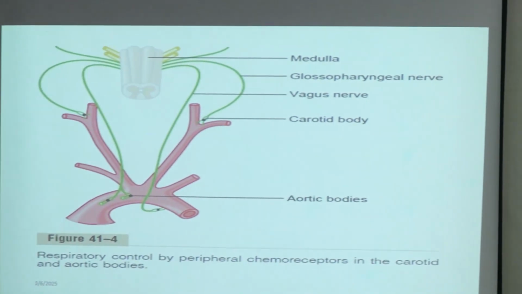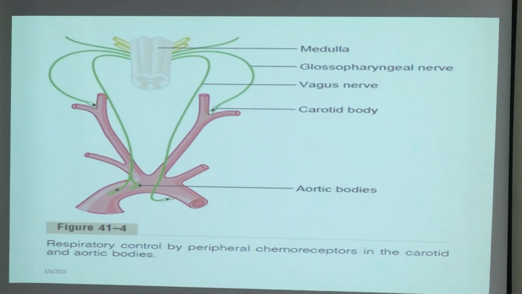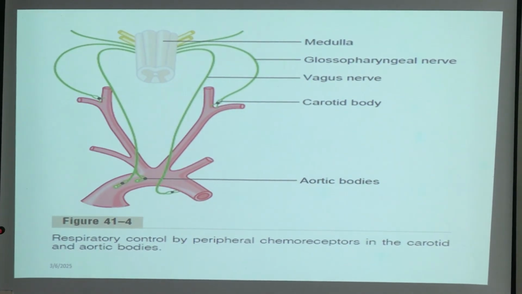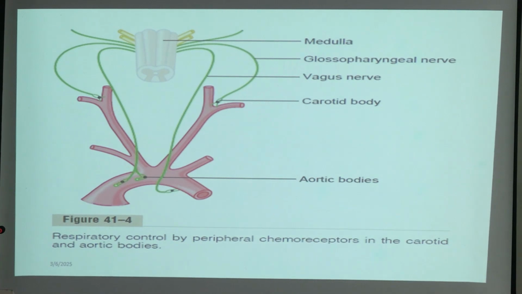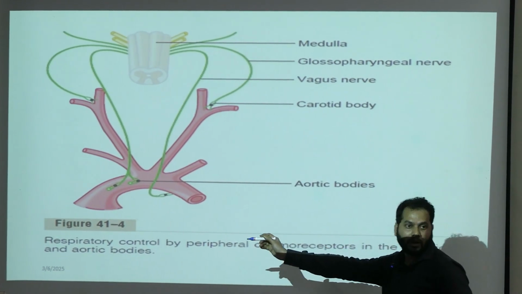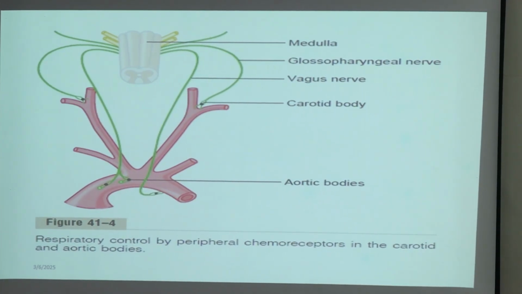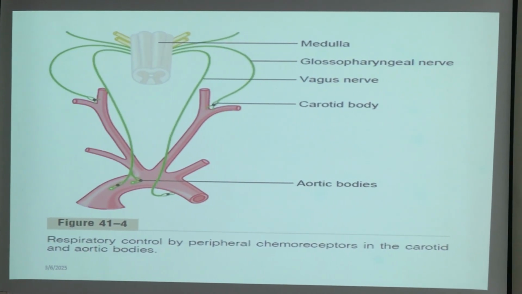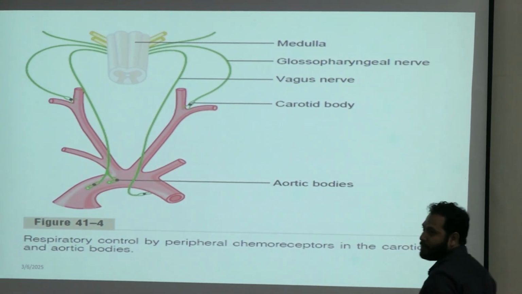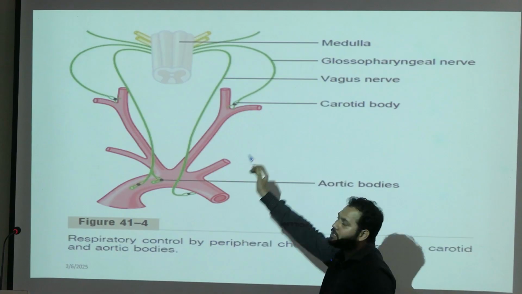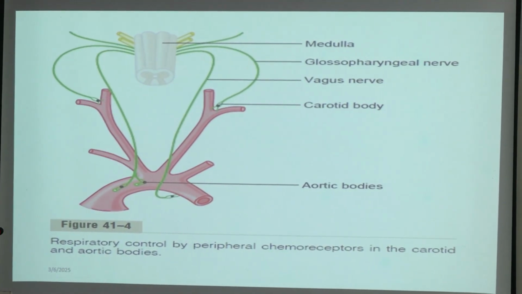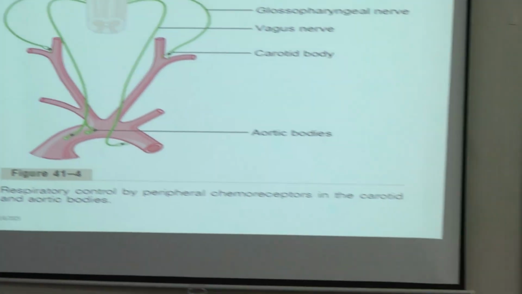See here in this figure, the most important types of peripheral chemoreceptors are aortic bodies, which are present in the aortic arch or arch of aorta. And another important type of peripheral chemoreceptor is the carotid body, which is basically present at the bifurcation of the common carotid artery, right?